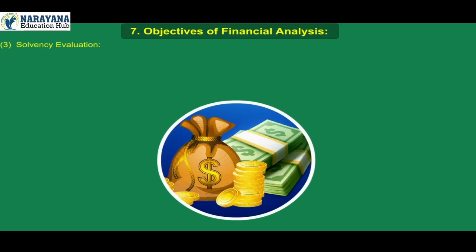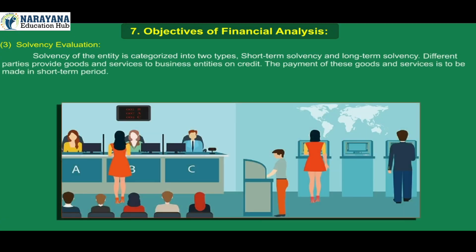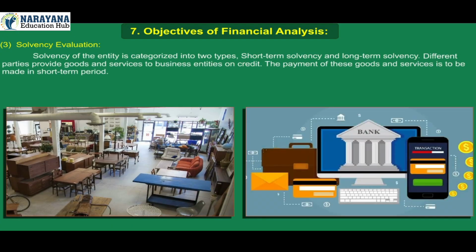3. Solvency evaluation. Solvency of the entity is categorized into two types, short-term solvency and long-term solvency. Different parties provide goods and services to business entities on credit. The payment of these goods and services is to be made in short-term period.